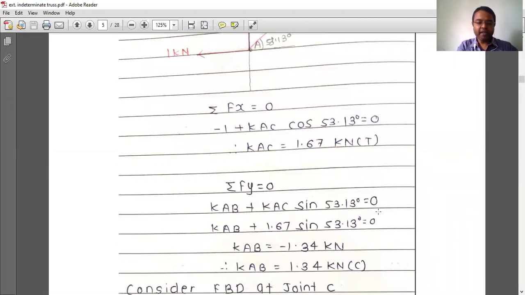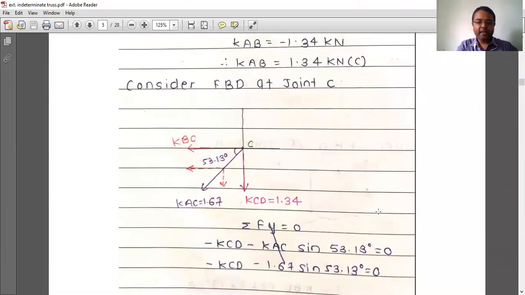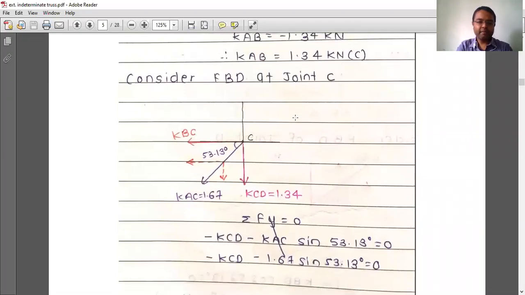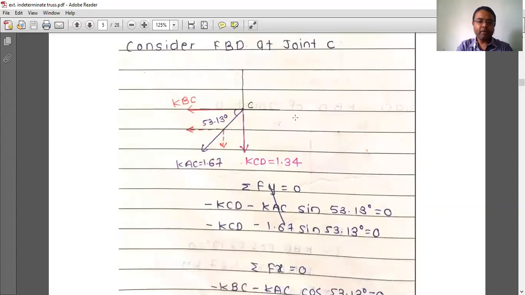From this you are getting KAB as negative. Just make it positive and write its nature. So finally you are getting KAB as compression. Next, consider the FBD of joint C. Consider the free body diagram of joint C.